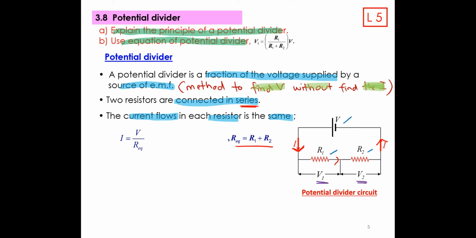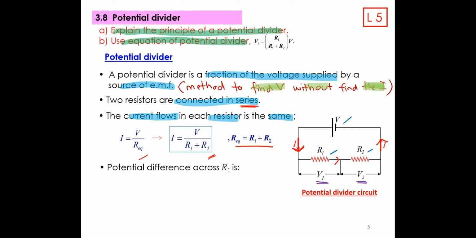Based on Ohm's law, to find the current, I equals V over R. Then just substitute your equivalent resistance, R1 plus R2, inside the equation of Ohm's law. So you have I equals V over R1 plus R2.